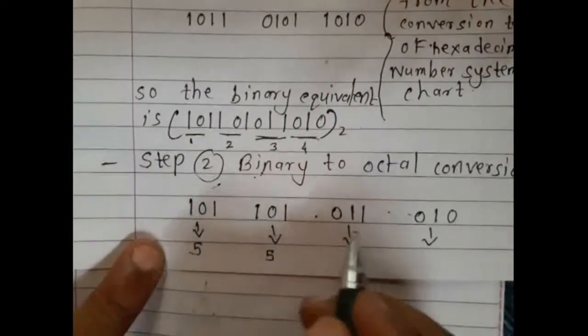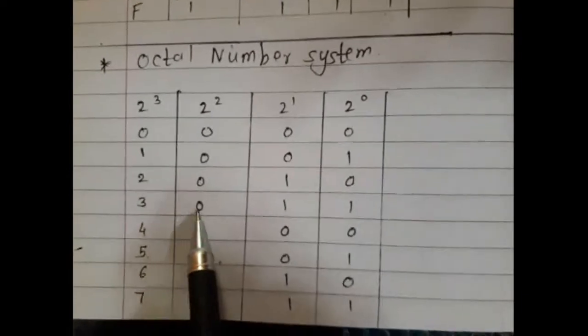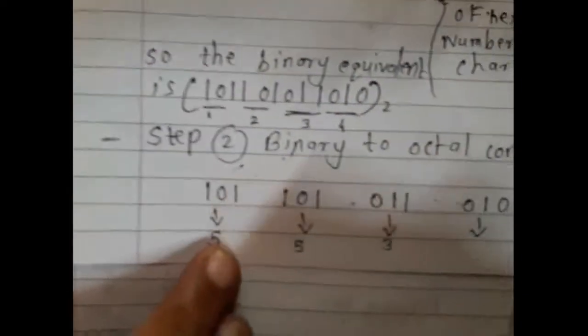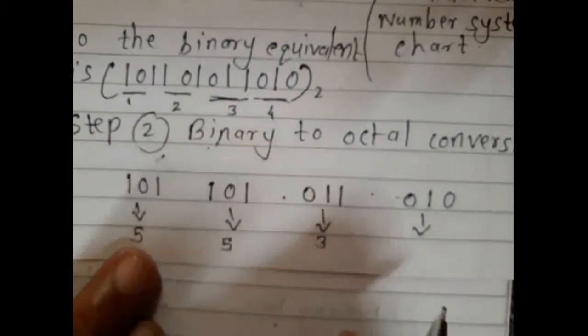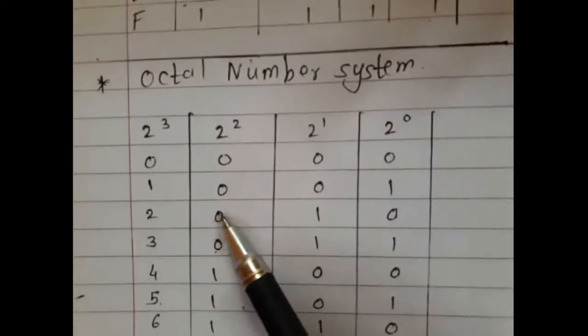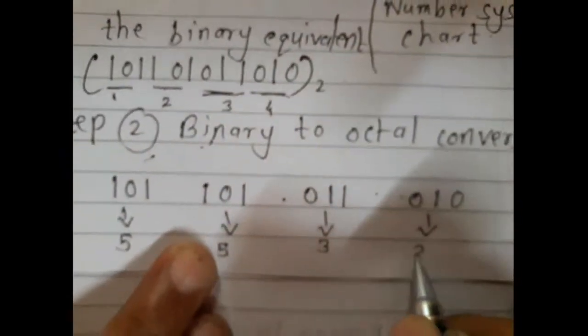Now 011 is in the third group, so write here 3. And 010 is in the second group, so write here 2.